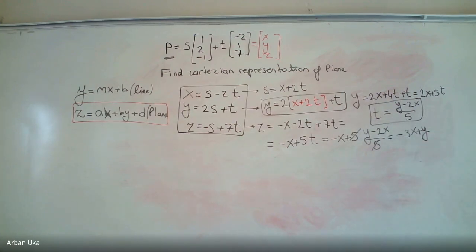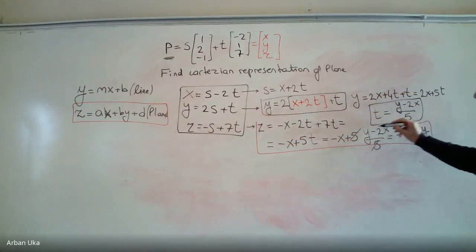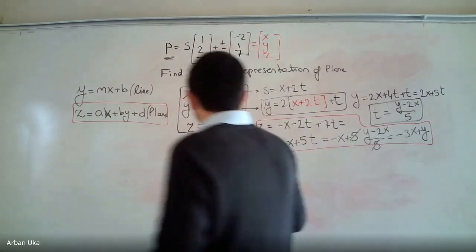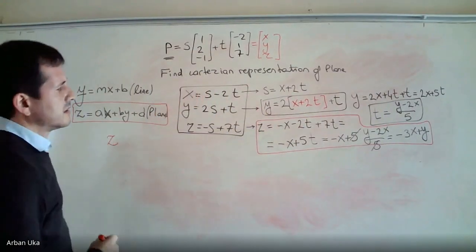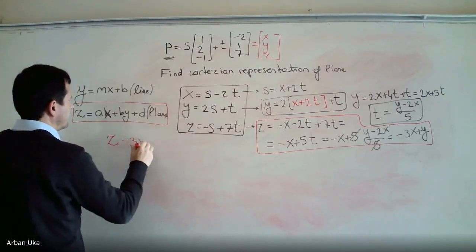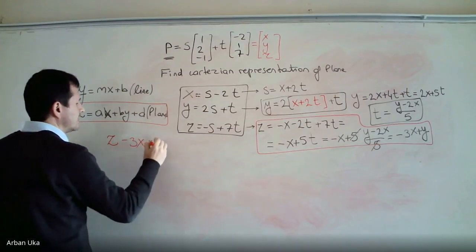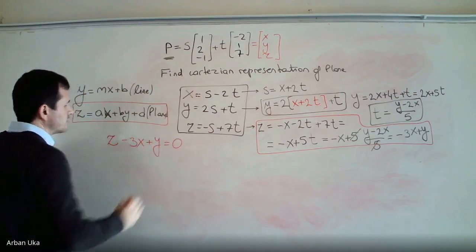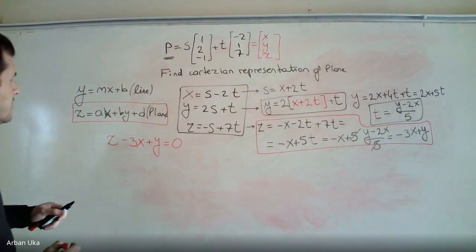Okay, so if we look at the last expression here, we get that z minus 3x plus y is equal to what? Is equal to 0. Or, no, this was a mistake.